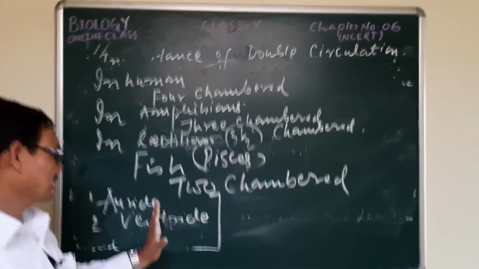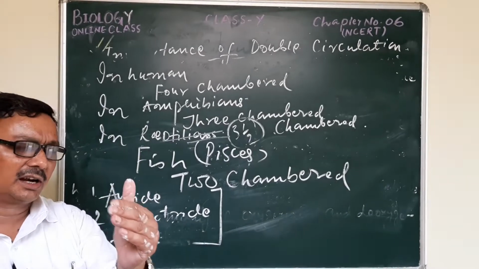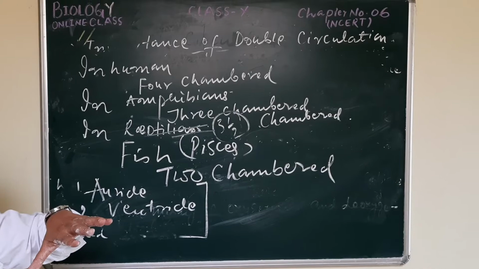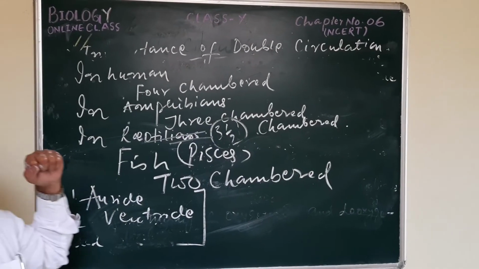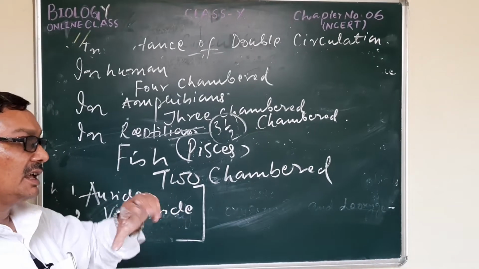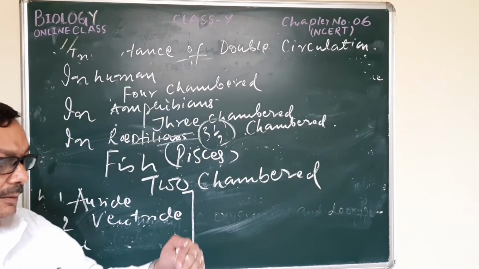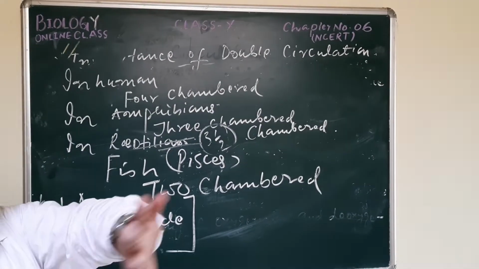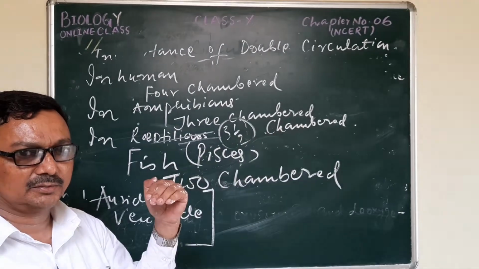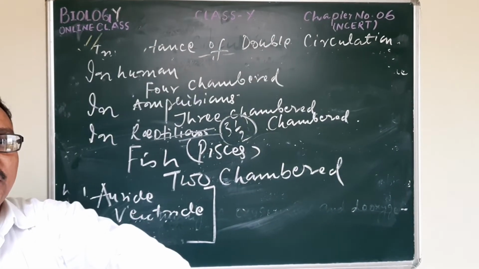What happens in this? When the deoxygenated blood circulates through the heart, it goes to the gills for oxygenation, where they extract oxygen dissolved in water. After extraction of oxygen from the water, the oxygenated blood is supplied to the different parts of the body, and again deoxygenated blood returns back to the heart.